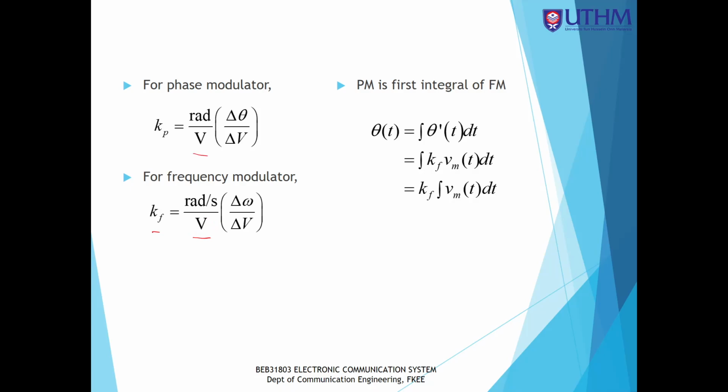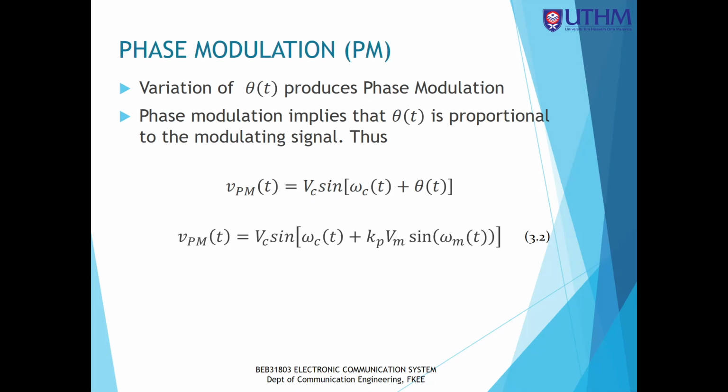So from here we can define the complete equation for the phase modulation. From the general equation Vc sine omega ct plus theta t, we can rewrite the equation into Vc sine omega ct, so this is 2 pi fct, plus kp.